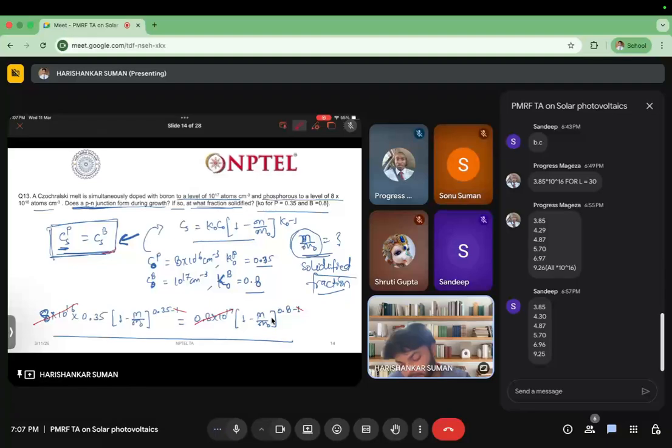And what else? Just 0.35 equals 1 minus m by m naught. 0.8 minus 0.35, and from here this number is 0.45.